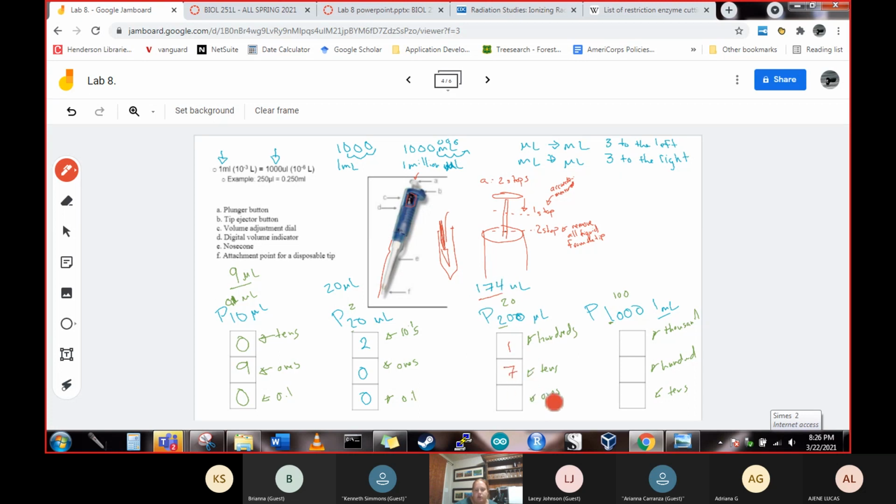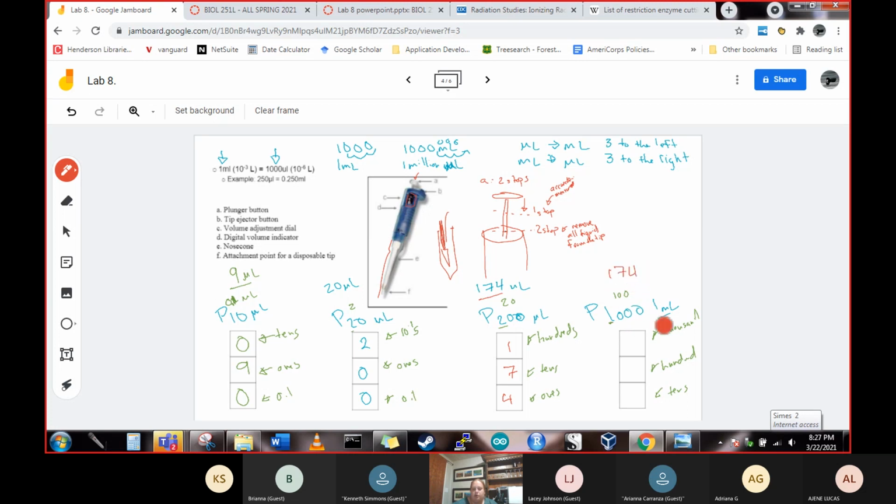How many ones? We would have 4. So this is what 174 microliters would look like on our P200. You'll notice that our P1000 could also measure 174 microliters, because it's within this range of 100 to 1000.